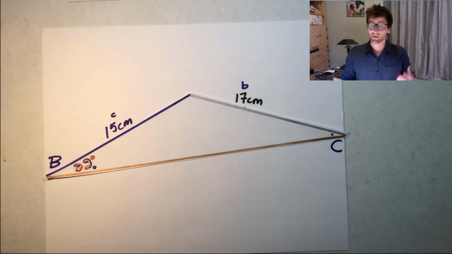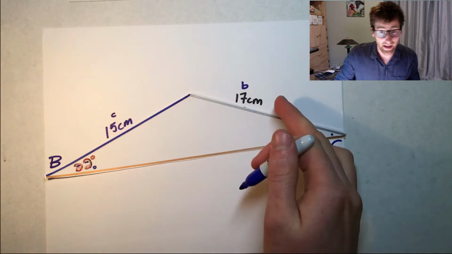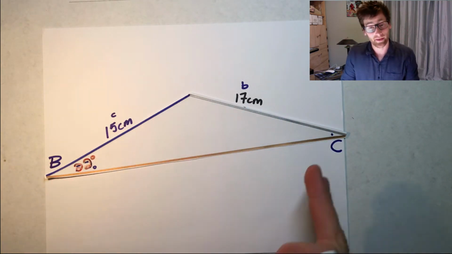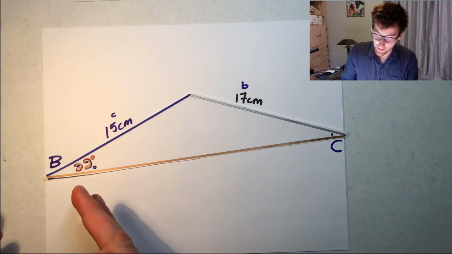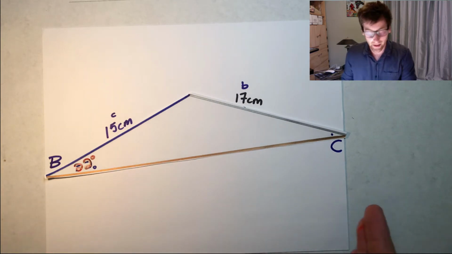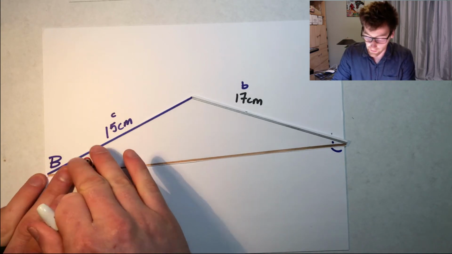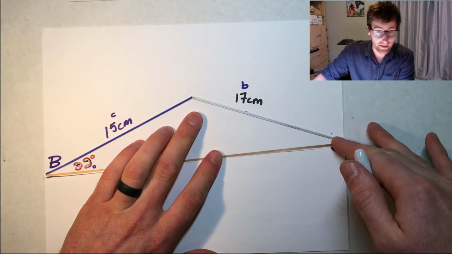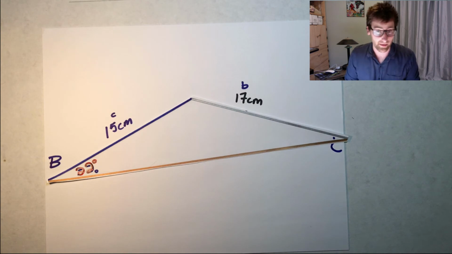So the important piece to know is if you're ever given angle, side, side, or side, side, angle, you're going to have to put it in this representation. That's what I always do. I move around the triangle so that you have the angle down here, the side length above it, and then the second side length going down like that. You can always move it so that it's like this.